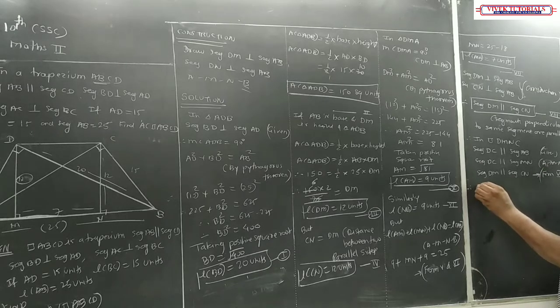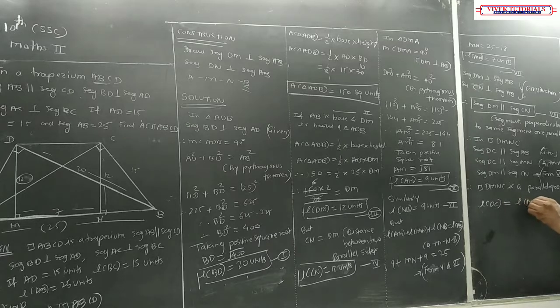Therefore, quadrilateral DMNC is a parallelogram. And if it is a parallelogram, I can say that segment DC is equal to segment MN, opposite sides of parallelogram are congruent.